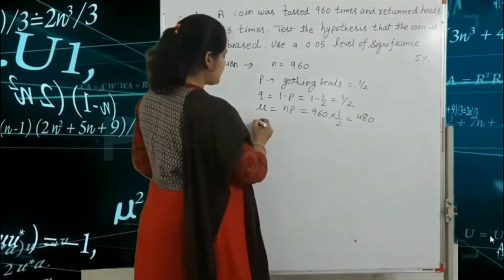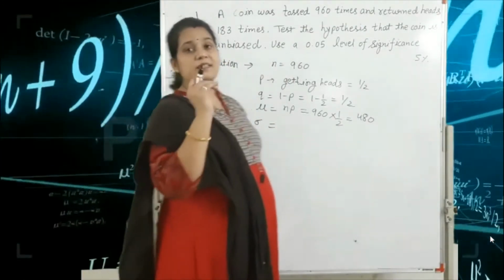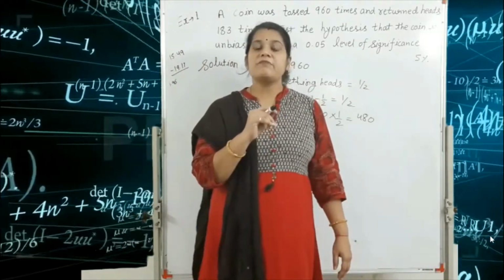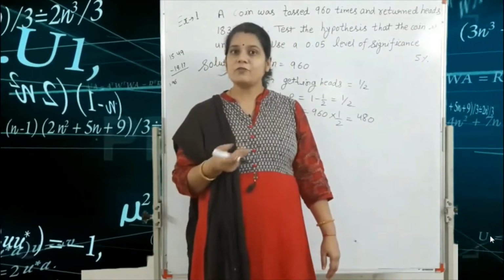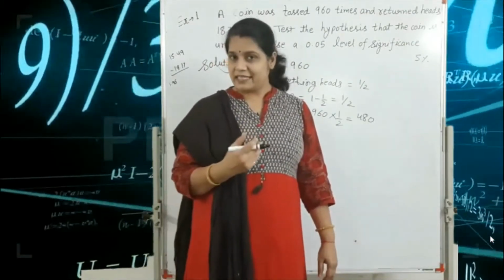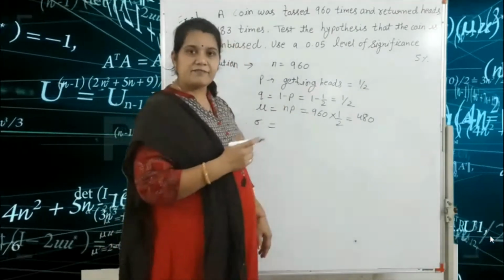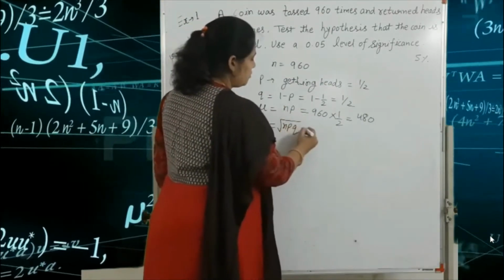Next we find the standard deviation. In the binomial distribution we find the variance: sigma square is equal to npq. But here we use the standard deviation, so the formula is root npq.